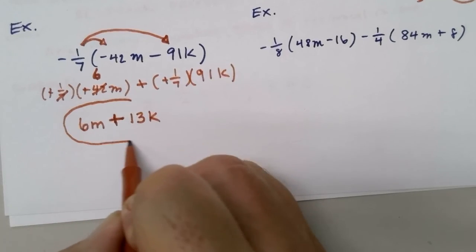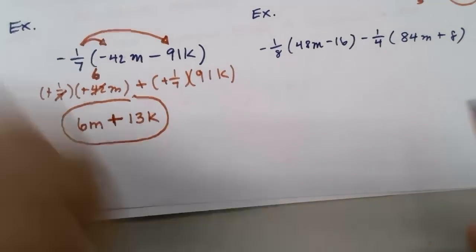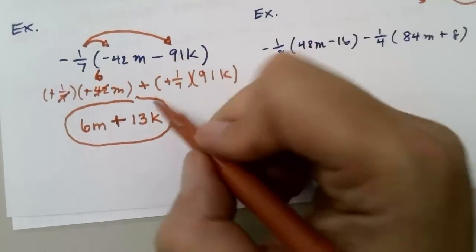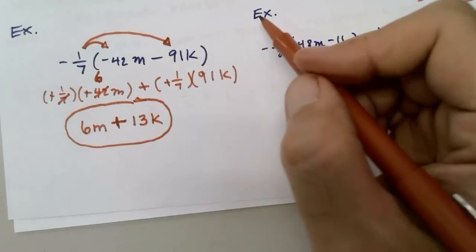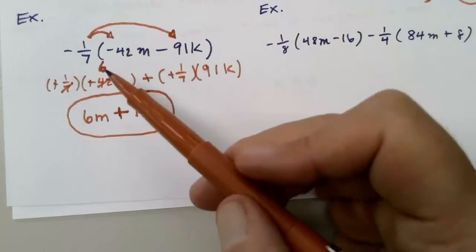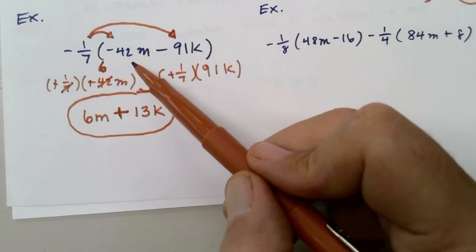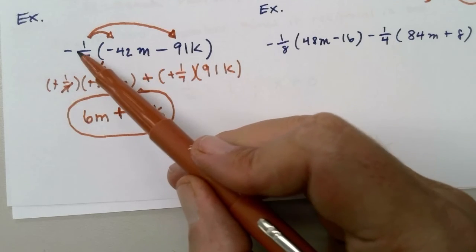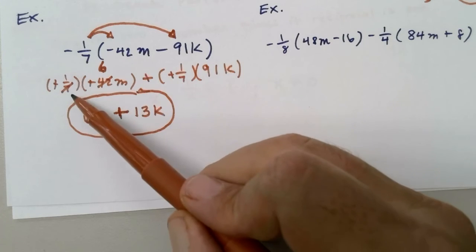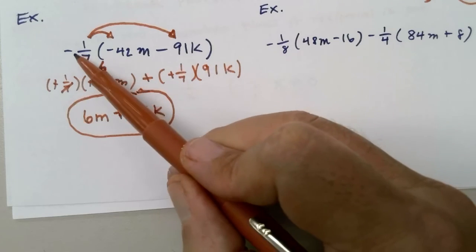Now, if you're confused on that, let me just go through it slow. It's just one of those things that for me this is easy, and hopefully you'll think it's easy, just maybe not tonight. So I have a multiplication problem, so I distributed this negative 1/7. Make sure when you distribute that you bring the negative to both.